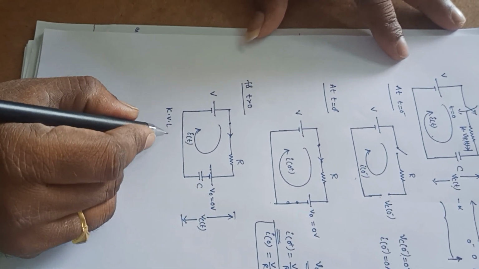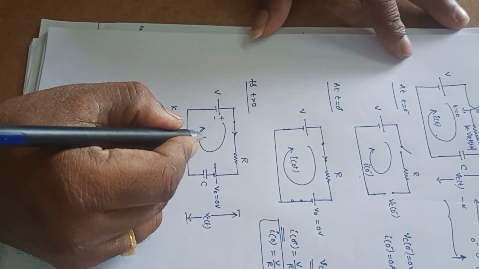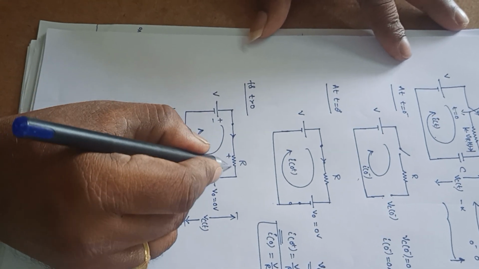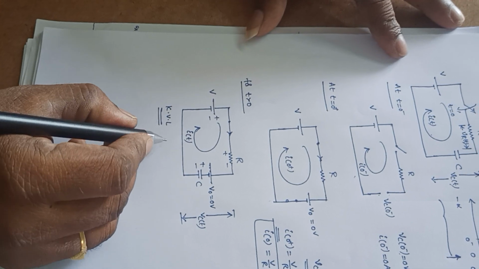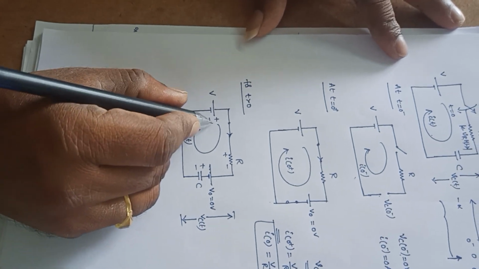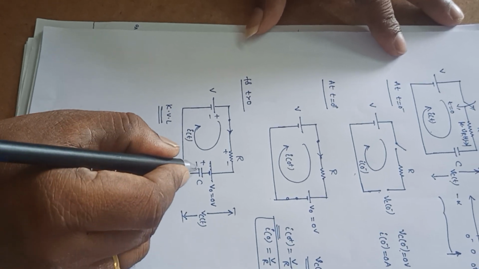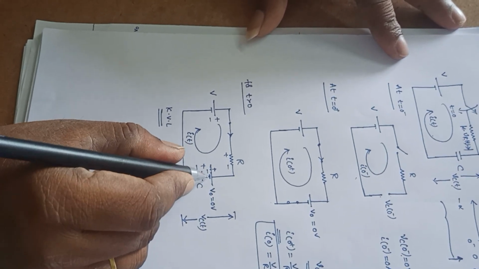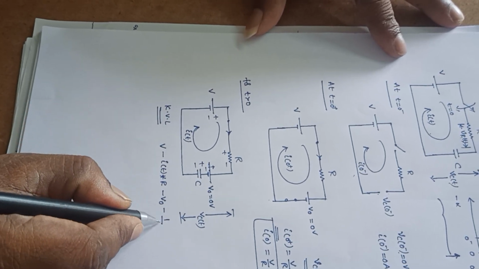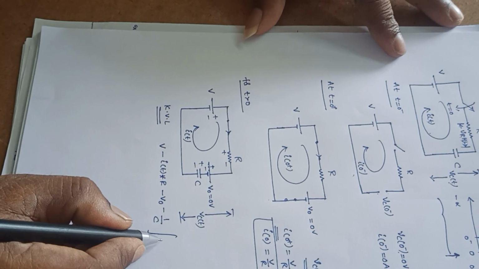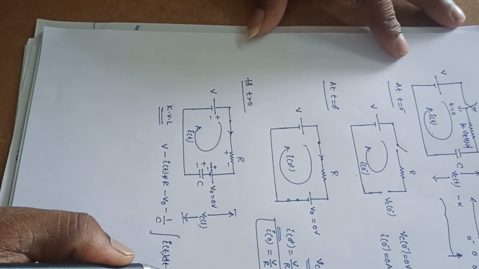KVL for the above circuit. So if you write it, the current is going like this, it is plus and minus, plus and minus. Now this is V minus I of t into R, minus V0 minus 1 by C into integral I of t dt, the current flowing through this, that is equal to 0.